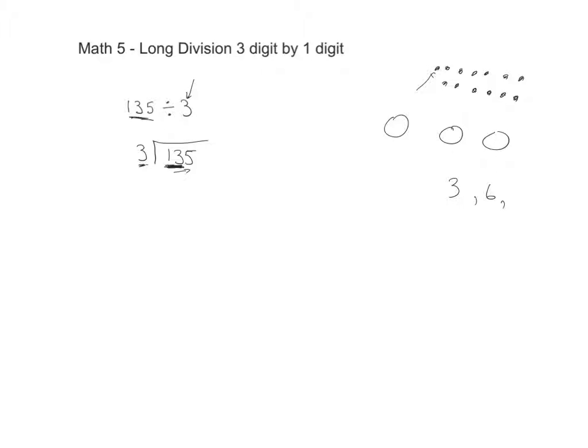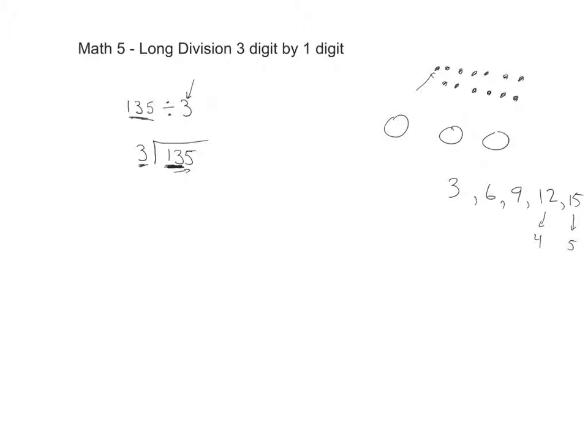If I put 3 in each group, that would use 9. If I have 12 and break it up into 3 groups, that would be 4 in each group. And if I go one more, if I have 15 and break it up into 3 groups, there'd be 5 in each group. So I'm hoping your division facts are there.